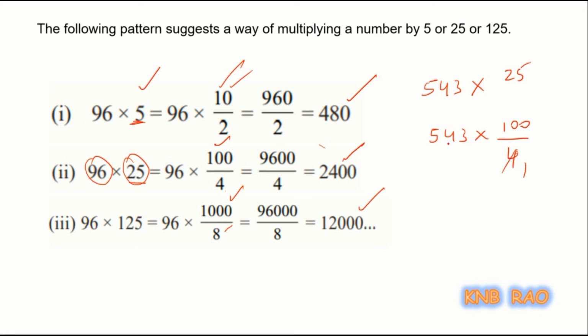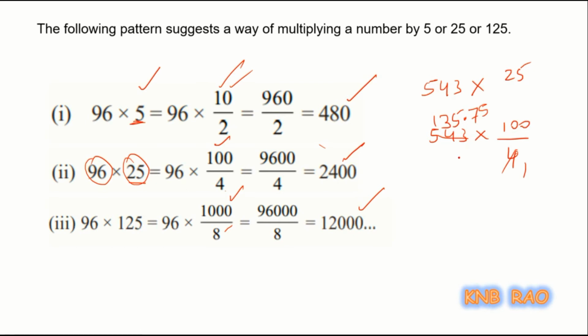So 4 ones are 4, that 1 comes here, 14, 4 3s are 12, that 2 comes here, 4 5s are 20, 3 is leftover remainder, we will put a point, so that 3 becomes 30, so 4 7s are 28.